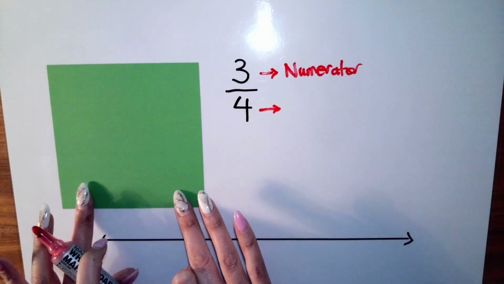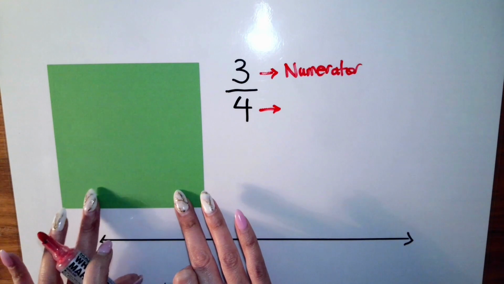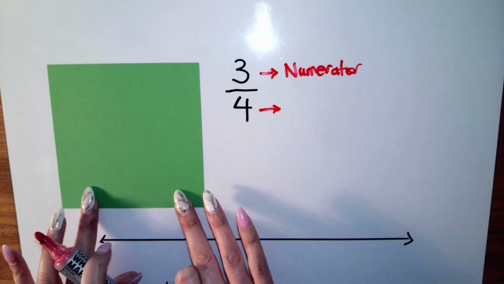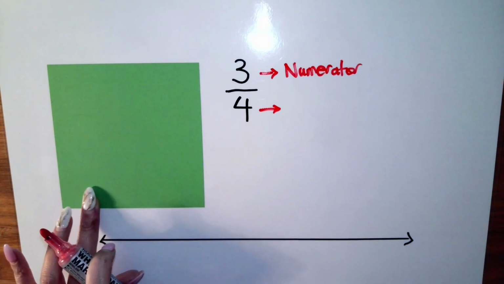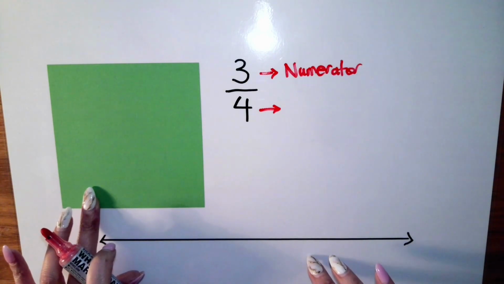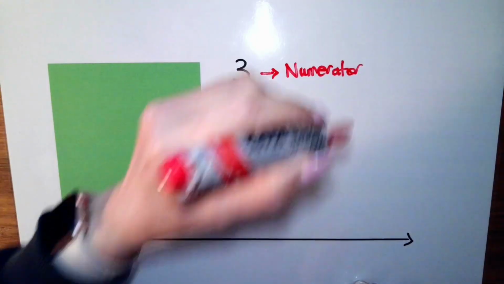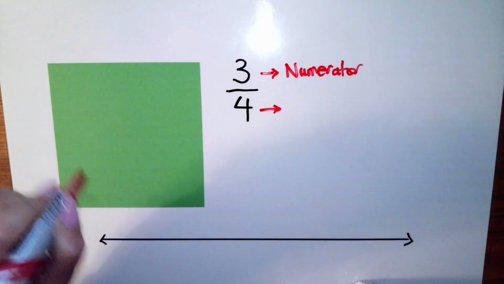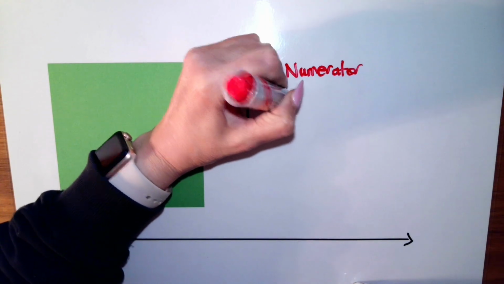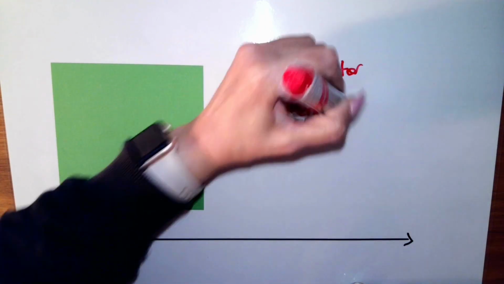Now the whole is dependent on the unit that you're using. In this case, my whole is this square piece of paper, but my whole could be a number line, as I've got here. My whole can be a collection of counters. My whole can also be a lump of Play-Doh. So you always have to make sure you bring it back to the whole that you're working with. The number of parts that I partition my whole into makes up my denominator.